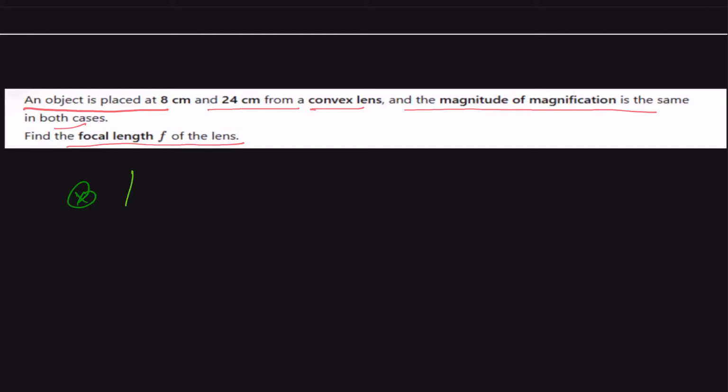Now we can say this as our lens formula. And this lens formula is 1 upon v is equal to 1 upon f plus 1 upon u.